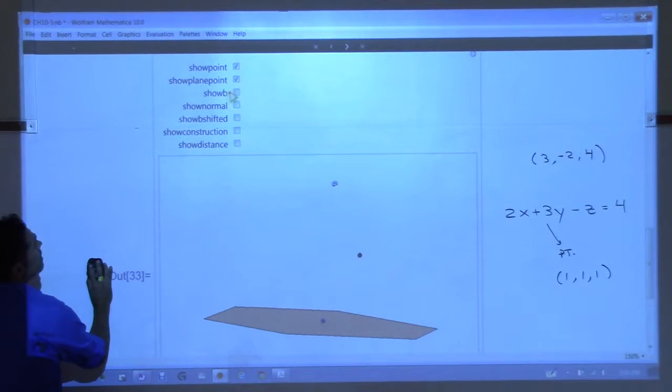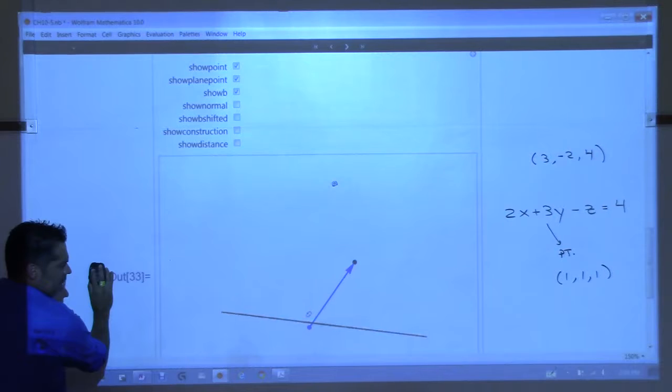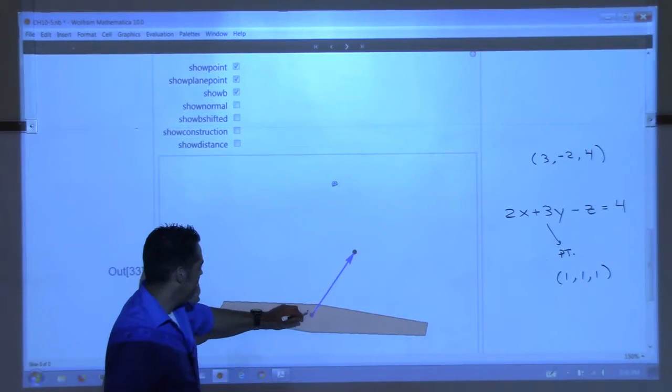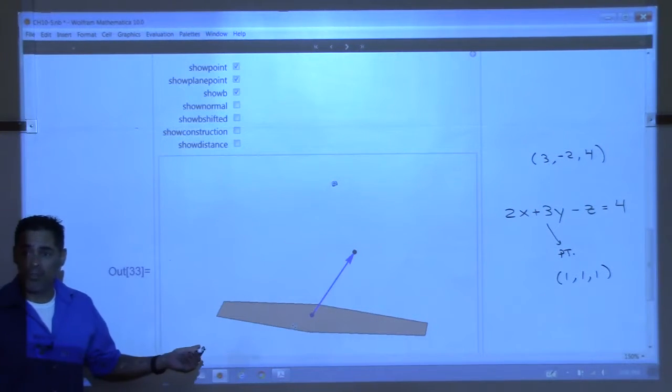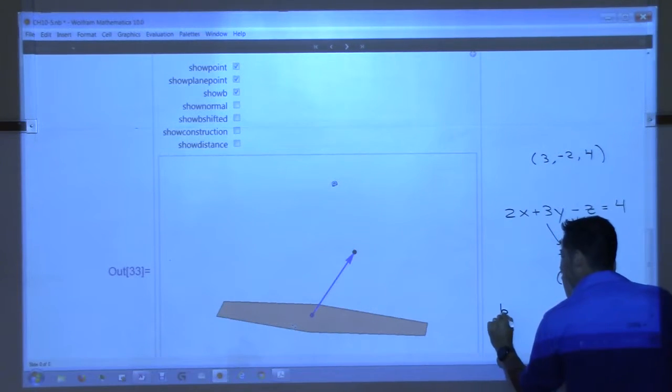And now what we do is we create a vector that goes from that point on our plane. That doesn't look like it's on the plane, does it? That's a mistake in my code. It's okay. It looks like it's on the plane, doesn't it? So we want to create a vector that goes from here to here. We can do that, right? So what would that vector be? And we're going to call it the vector b here.